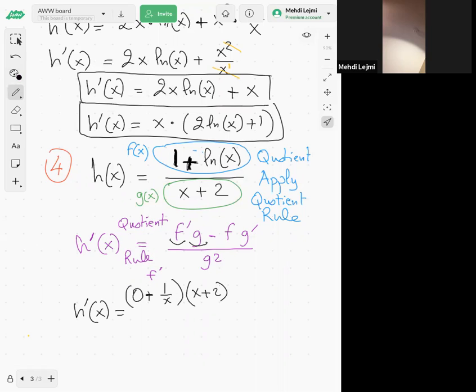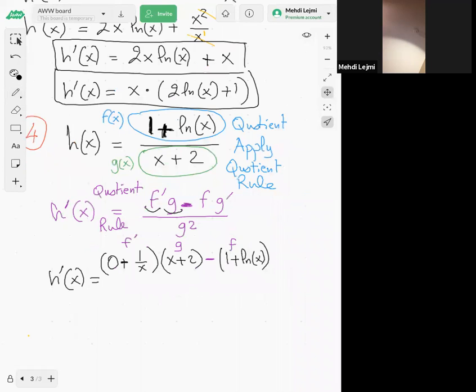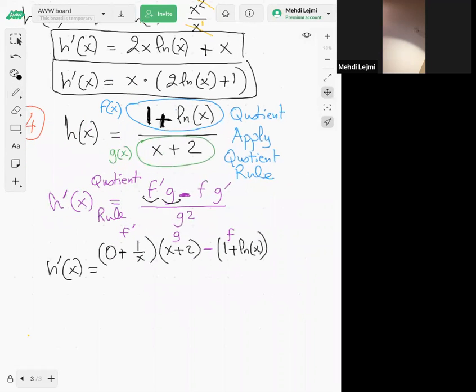So this is my g, right? And then there's minus. So here's minus f. f is the top, 1 plus natural log of x, and then times g prime.